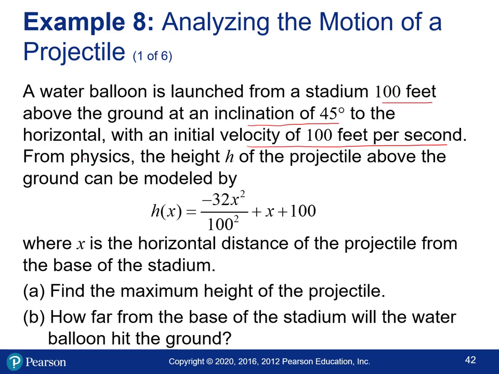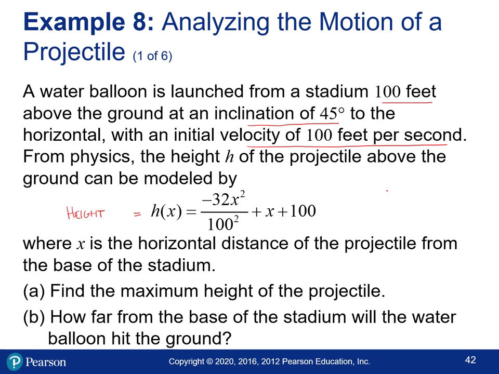Okay? Now from physics, the height of the projectile above the ground can be modeled with this equation here. So we were given a lot of initial values, but we can just go ahead and use this given function. And so why this is coming up in this section on quadratic functions, if you think about something being launched, it's going to go up and then come down.